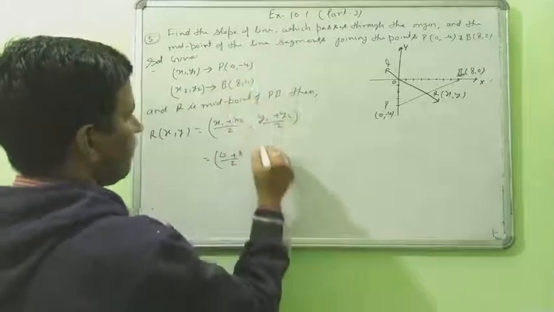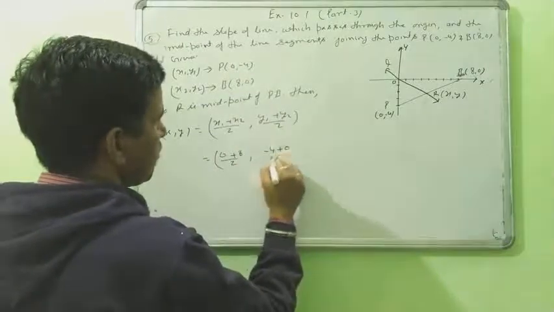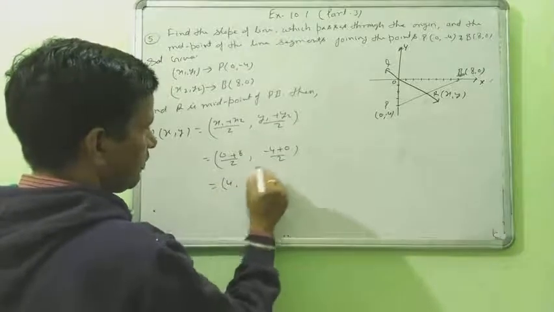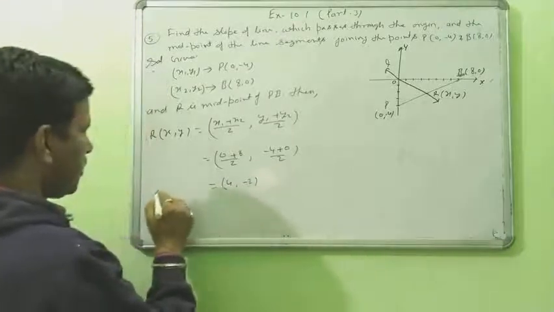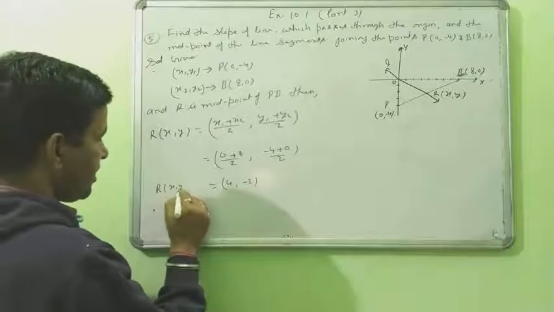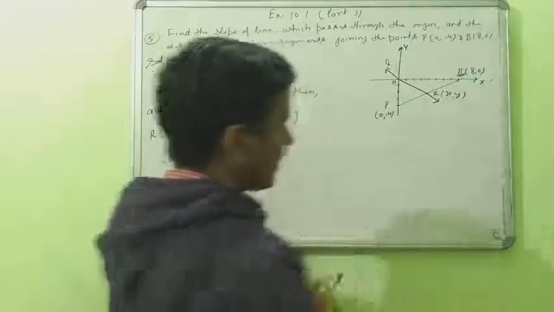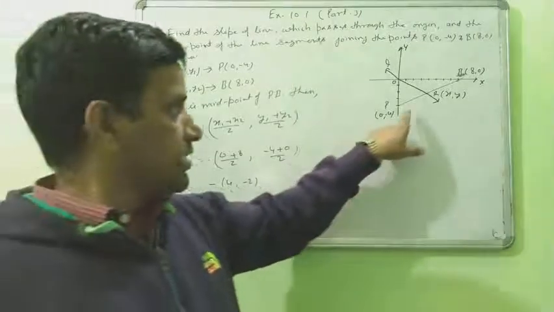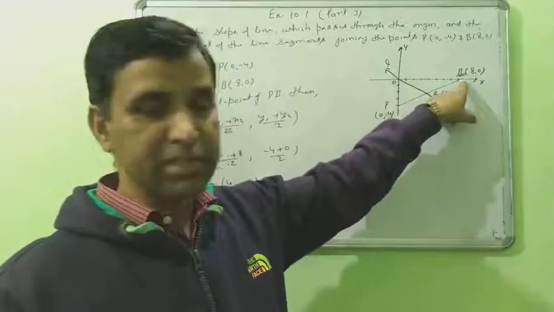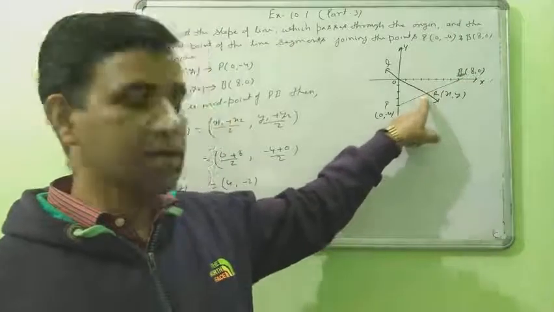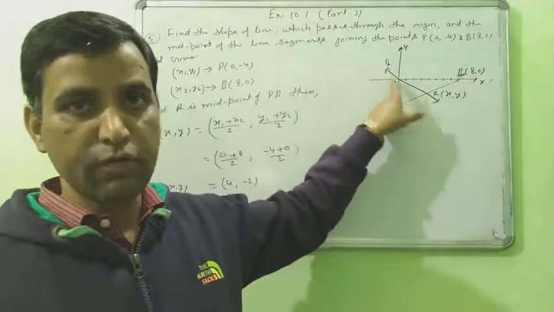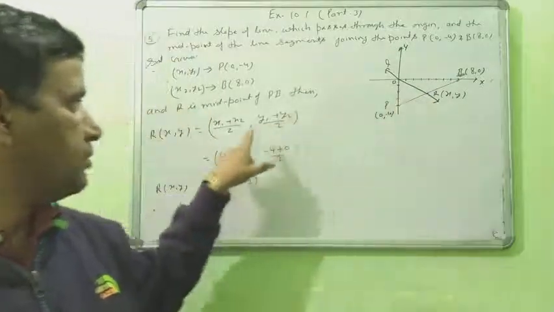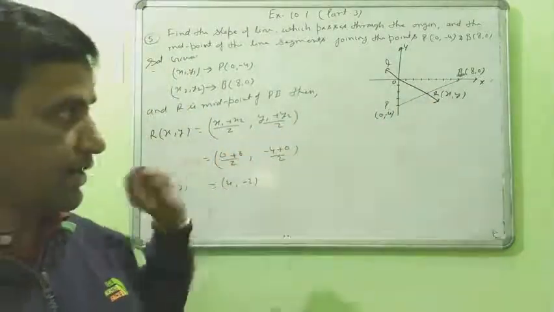And y: (-4 plus 0) upon 2. What will you get here? 8 by 2 is 4, and -2. The coordinate of R is (4, -2), because P and B have these coordinates and R is the midpoint of PB. So you use the midpoint identity to find the coordinate of R.